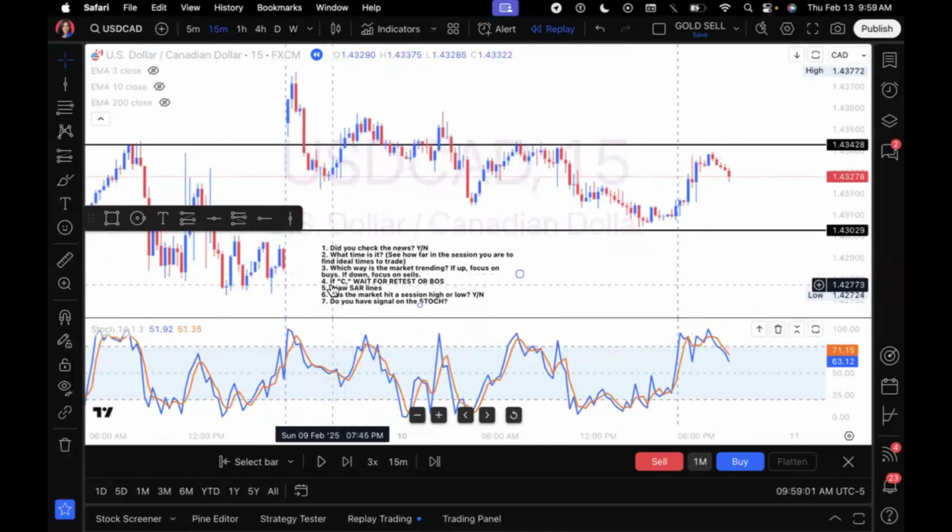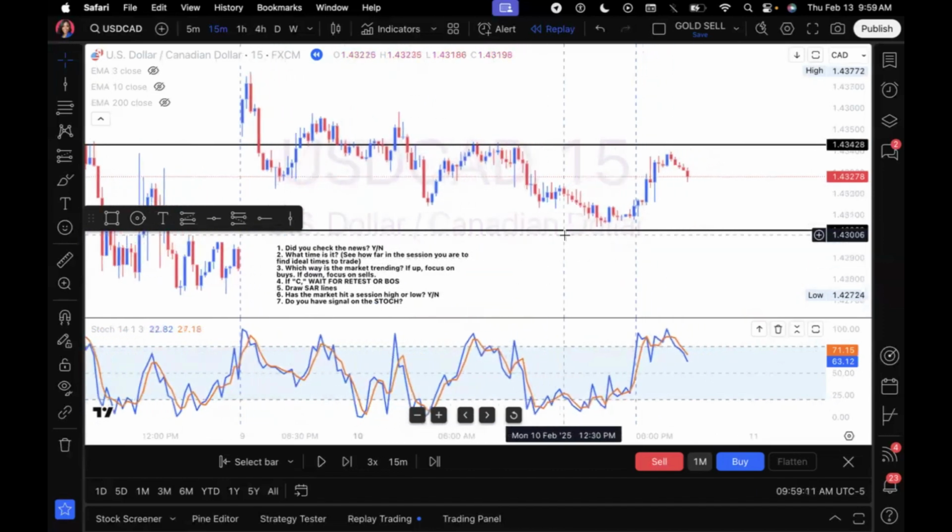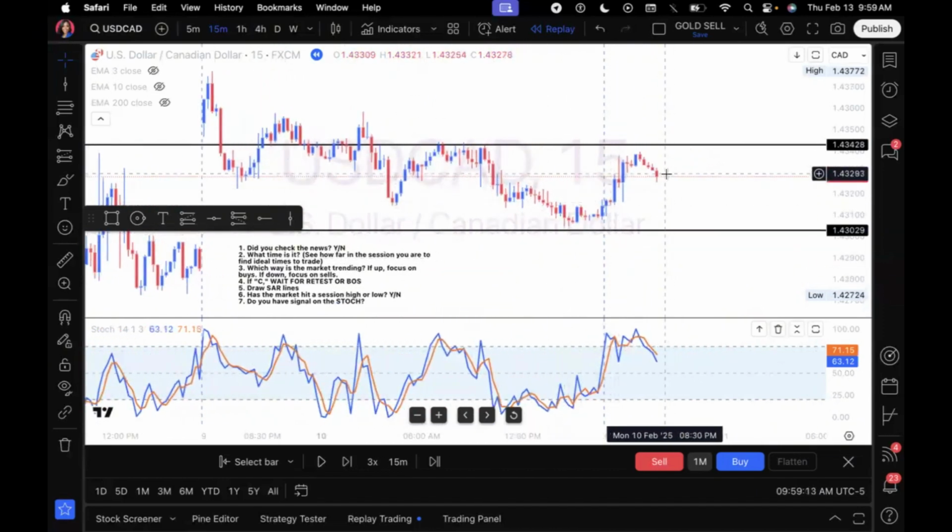Now, my fourth question or fourth note is, if the market is consolidating, wait for a retest or a break of structure. Now, a break of structure would mean that if we have the market in flow here, we would want it to break below this line, which is why I had a pending order at 143,000.